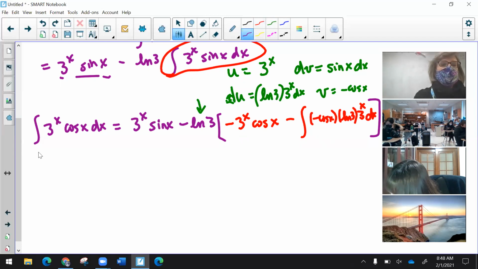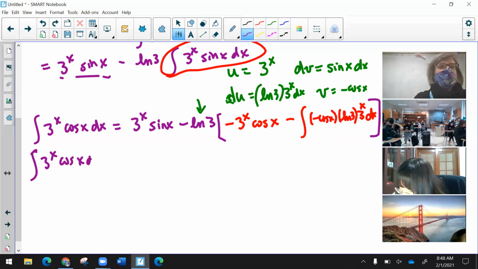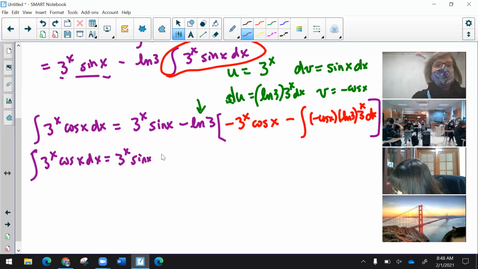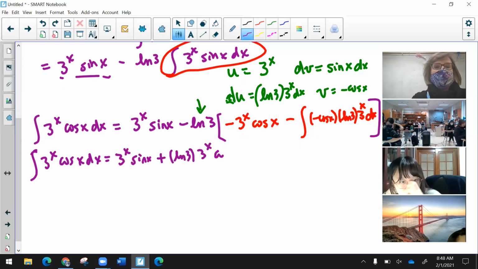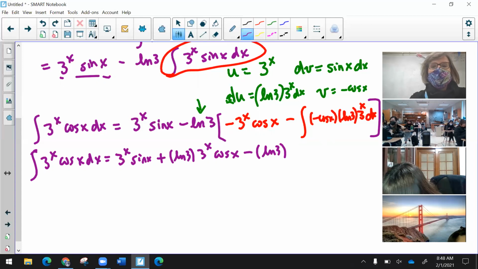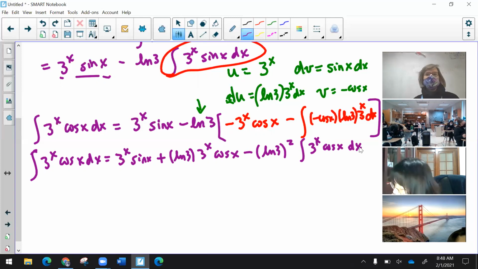So I still have the integral of 3 to the x cosine x dx: 3 to the x sine x, plus natural log 3 times 3 to the x cosine x, minus natural log 3 squared times the integral of 3 to the x cosine x dx. Of course you can't see, but you can do this algebra on your own, I promise.